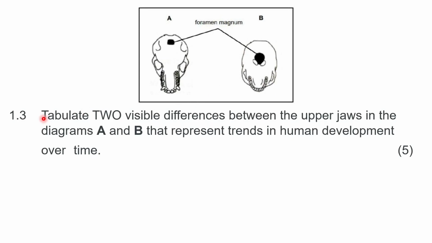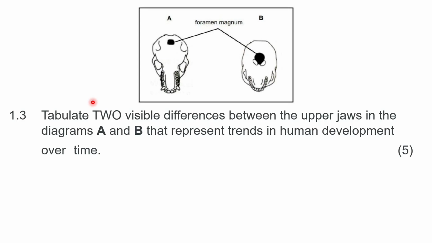Once again, highlight that word visible if you see a word like this, because you have to see it on the diagram. Right, so it's a tabulate, so you have to draw a table. If I ask you to tabulate, you always write a heading and you always draw a little block around your answer. And then 2 visible reasons.